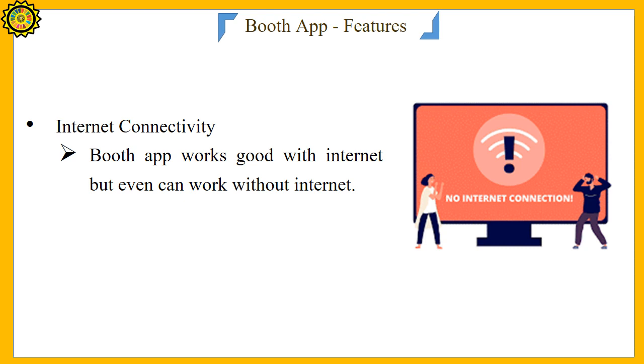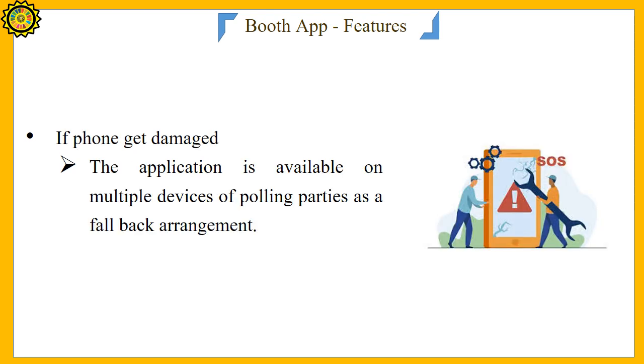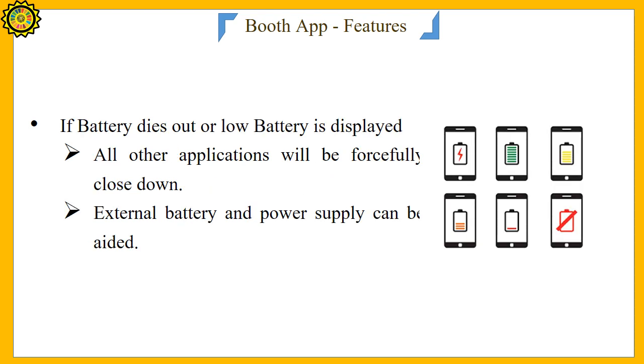Internet connectivity. Booth app works well with internet, but can even work without internet. What happens if the phone gets damaged? The application is available on multiple devices of polling parties as a fallback arrangement. What will happen if the battery dies out or low battery is displayed?